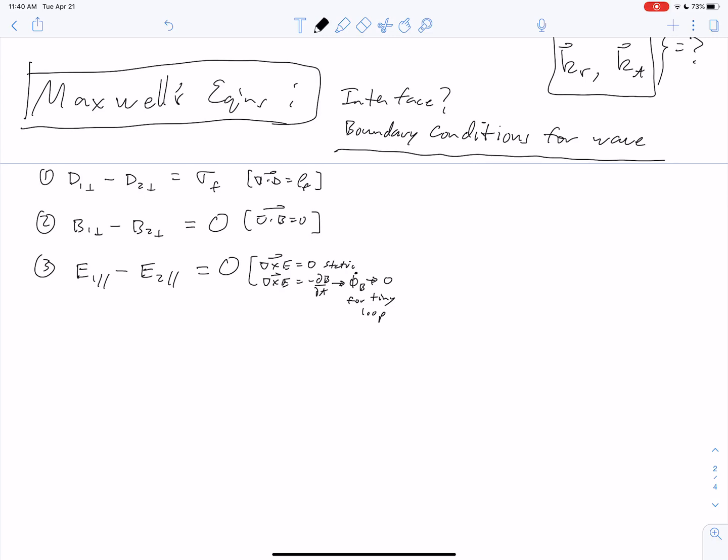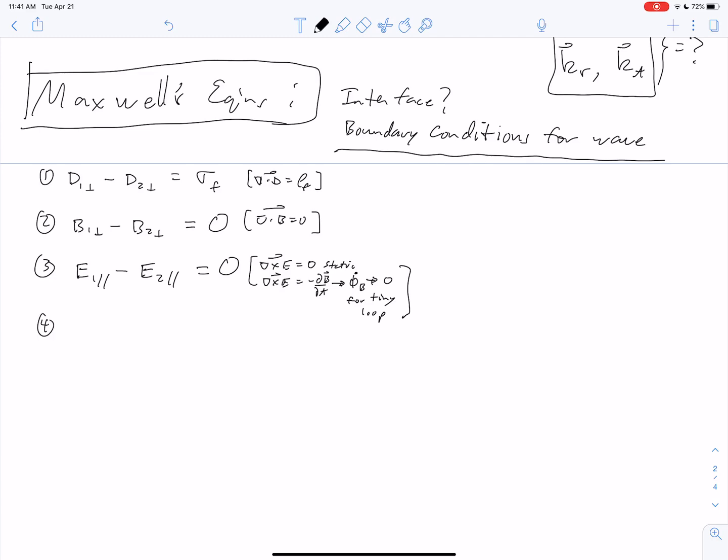So when you do the same derivation, you get the same answer. The parallel component of the E field is the same on both sides of the interface.